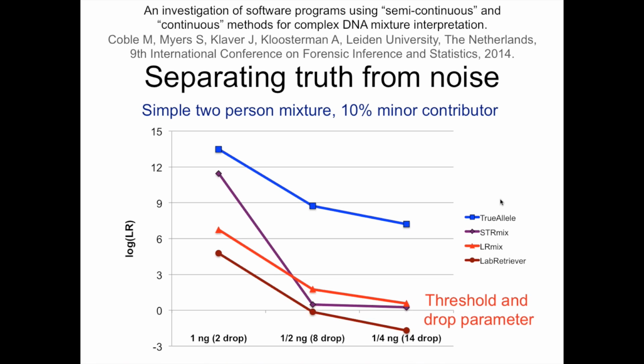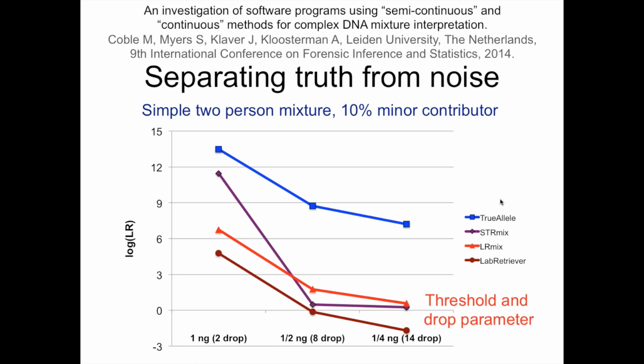But as the number of dropouts increase and the quantity of DNA goes down in this 10% minor contributor, the information starts disappearing. And instead of preserving the information up at the 9 band level, it starts heading down towards 0. And this continues as we move over to a quarter of a nanogram with 14 dropouts, and the information again is essentially gone.